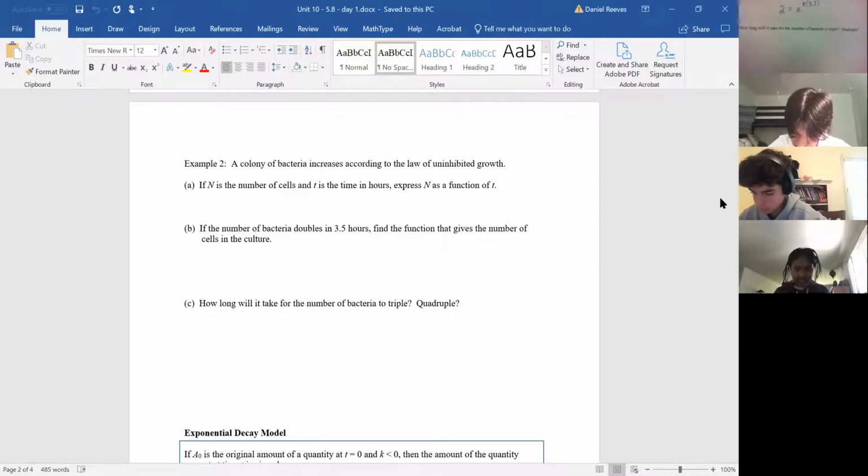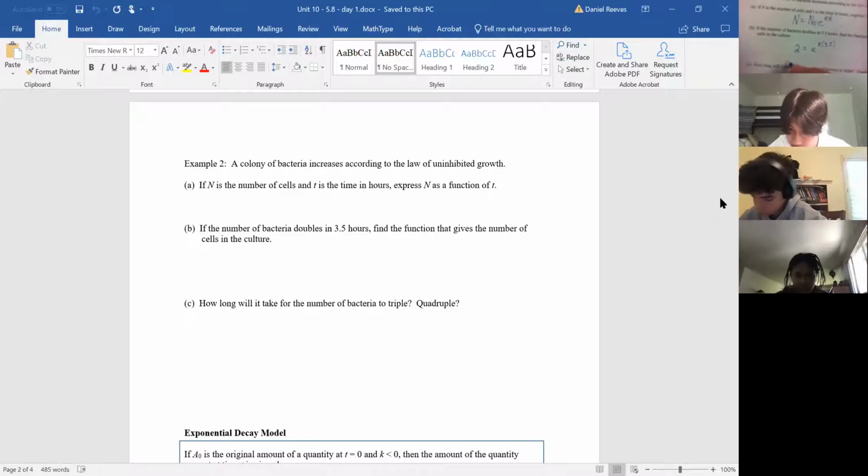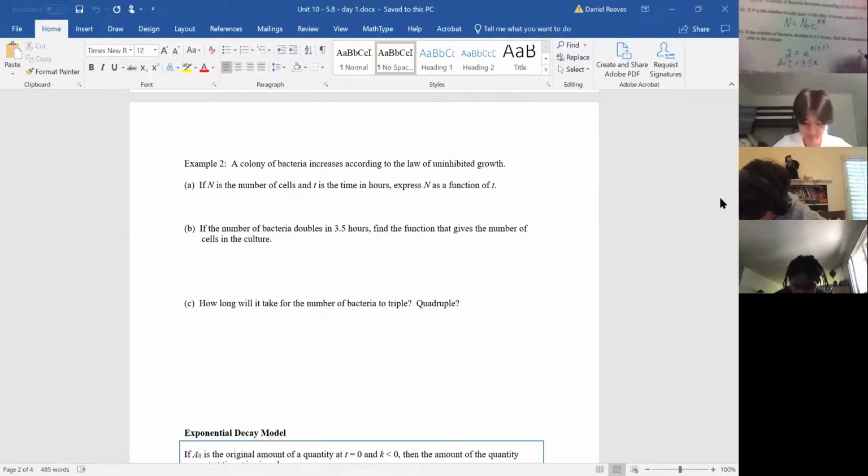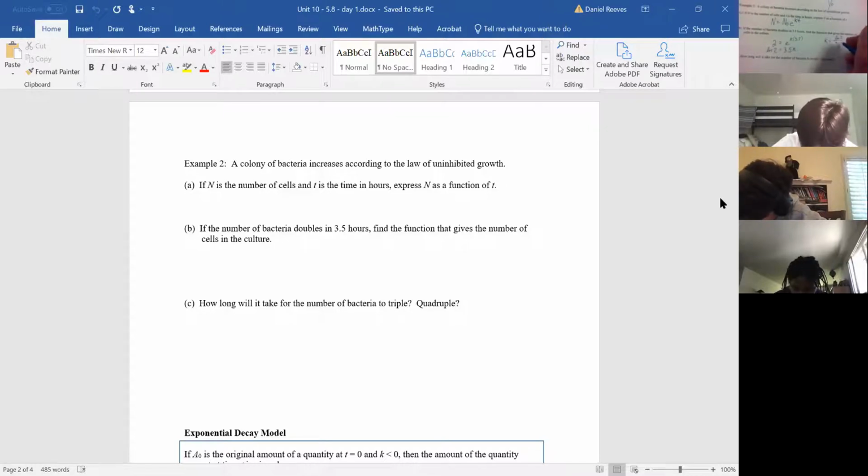And when I divide both sides by n naught, they just go away. So from here, I can figure out what k is. The natural log of 2 equals 3.5k, so k must therefore equal the natural log of 2 over 3.5. And there is the exact value.